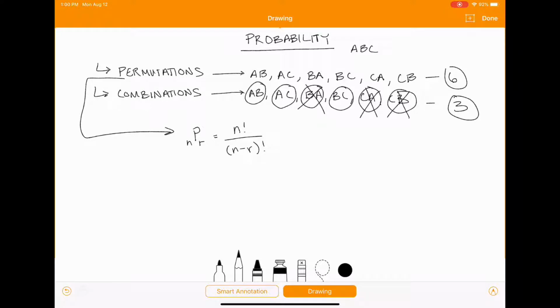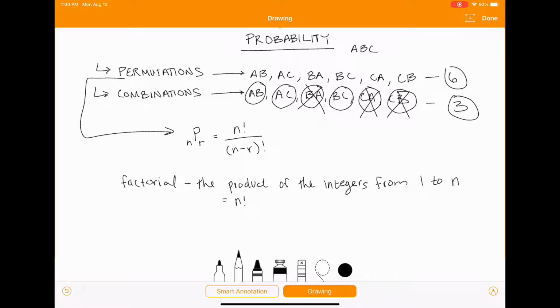Now, this idea of a factorial, all it means is that the product of the integers from 1 to n is equal to n factorial.